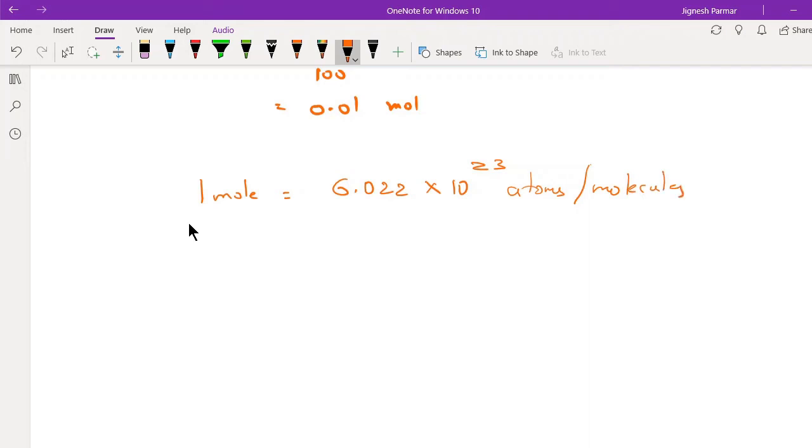So if somebody asks you to find the number of molecules in this mole, what do we do? Simple: number of molecules is equal to n into Na. Use this formula. What is Na? This is Avogadro's number, dear student.